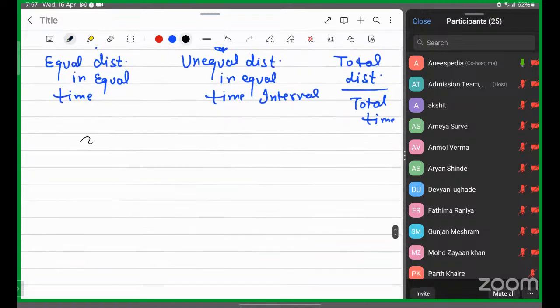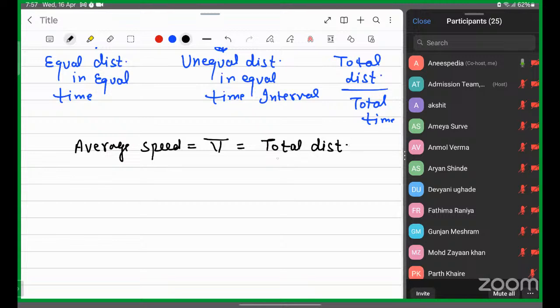So average speed v bar is given by total distance traveled divided by total time taken.